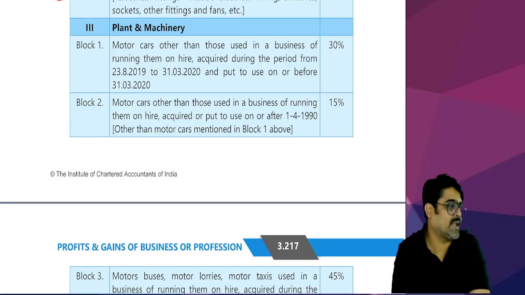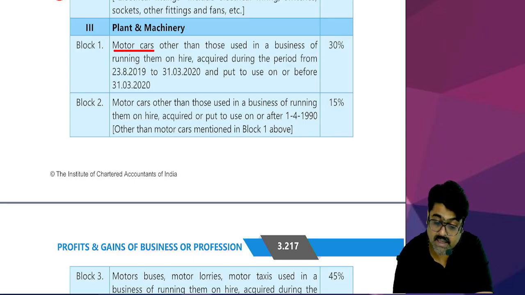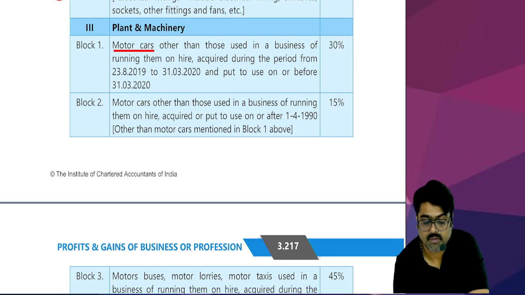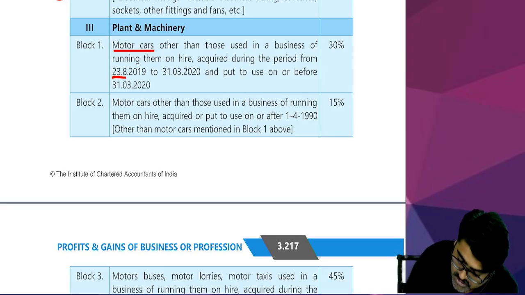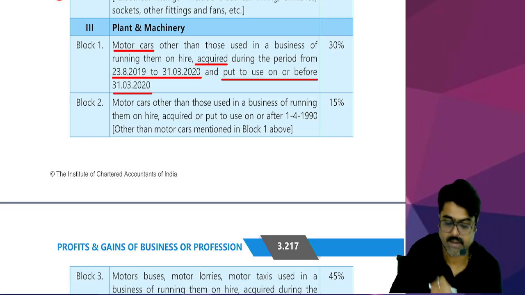Now, for a specific type of plant and machinery, they are saying that if it is a motor car, other than those used in the business of running them on hire, acquired during the period from 23rd August 2019 to 31st March 2020 and put to use on or before 31st March 2020.